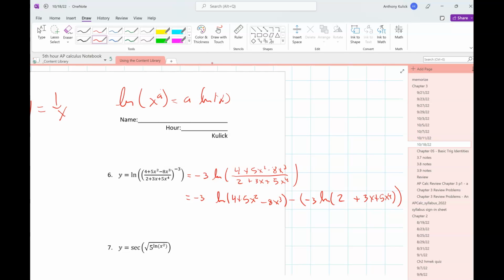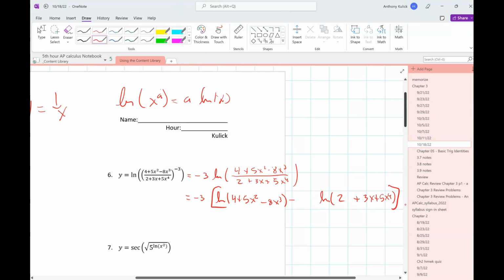I'm just using my properties for logs. Do you want me to write it this way first and then distribute?